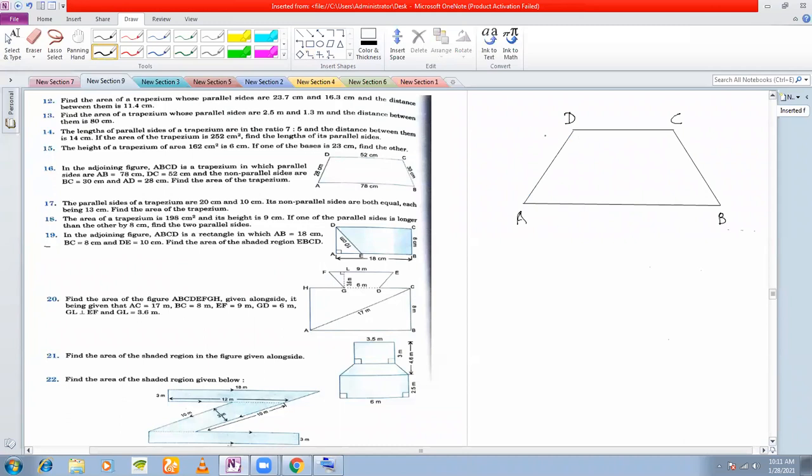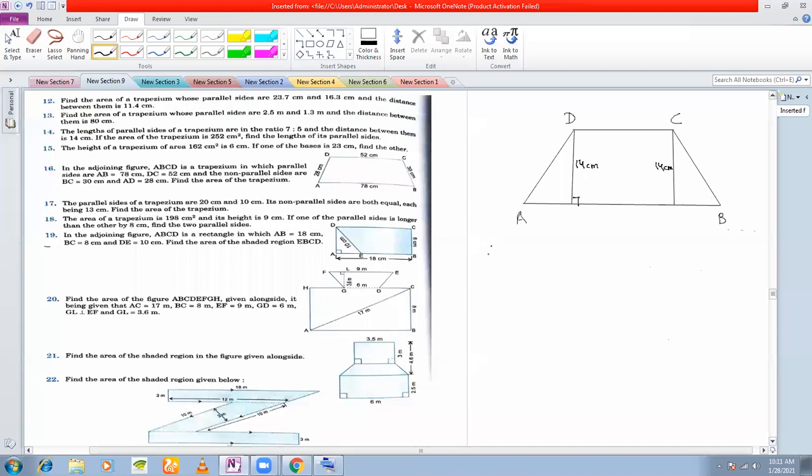Distance between the parallel sides is given. And what is the distance between these two parallel sides? This one, perpendicular distance between these two lines. This is given to you as 14 centimeters.